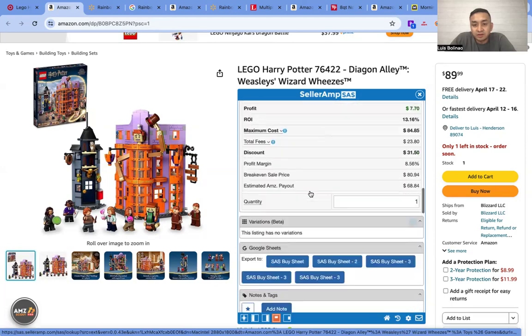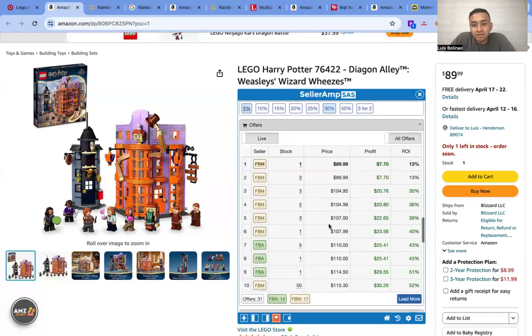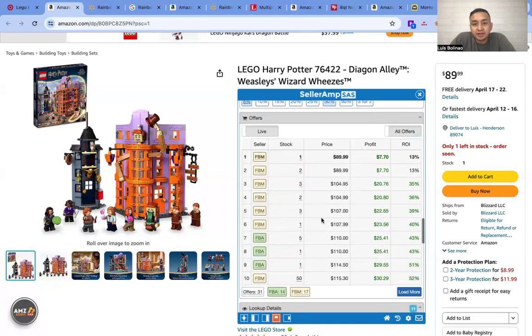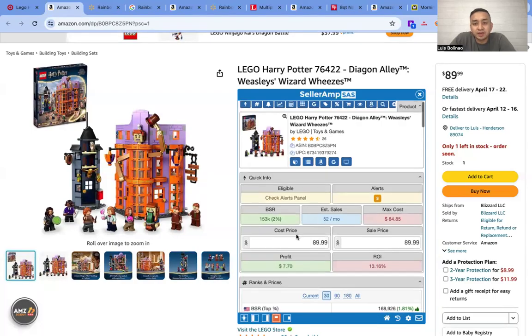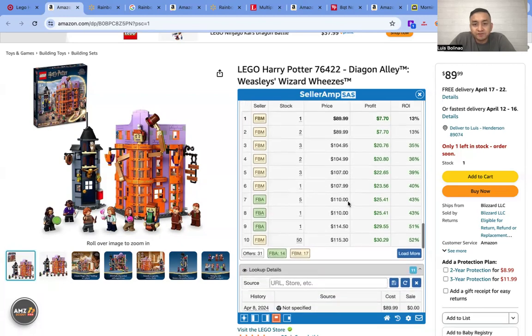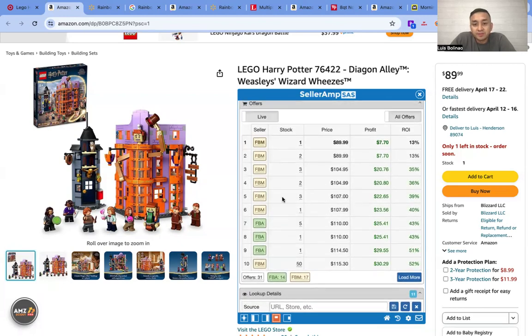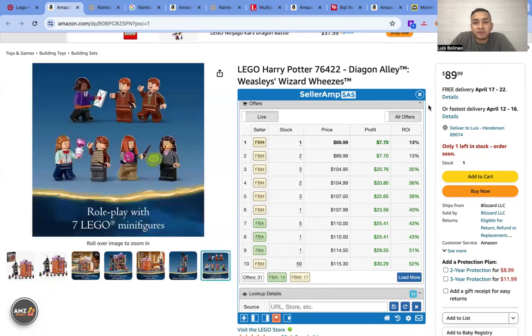Then again, you go down and look at your competition, right? So wait, 32? Sorry, 52. Okay. So 52 sales a month shared by 31 sellers. And it's giving you a minimum of 13% ROI or higher. Would you guys do it?